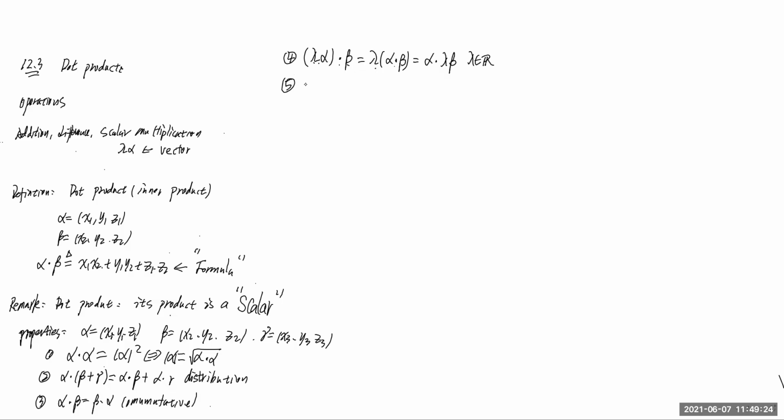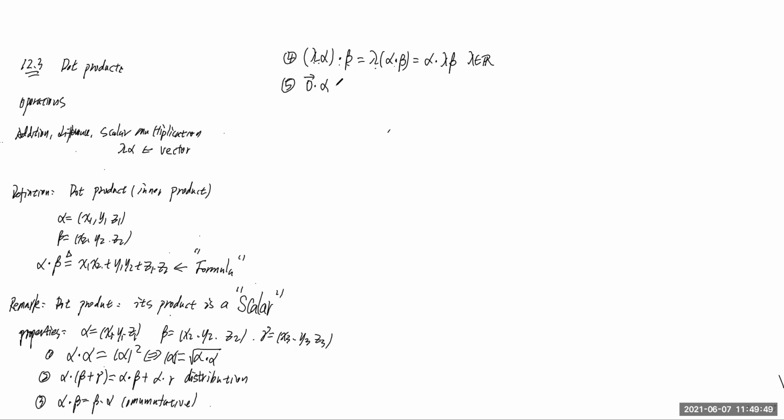If we have 0, I think I made a mistake in my lecture notes. Oh, sorry, I didn't make this mistake. I emphasize here, it's a vector alpha, and 0 is a vector. Now, you may say, why do you add an arrow?